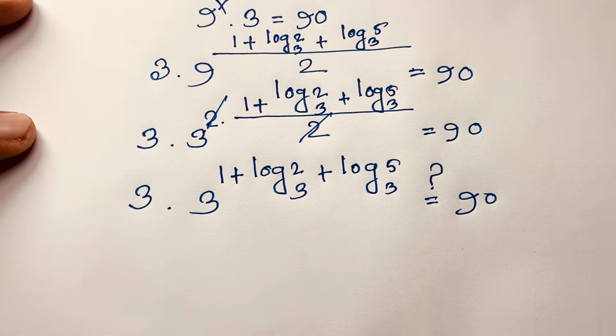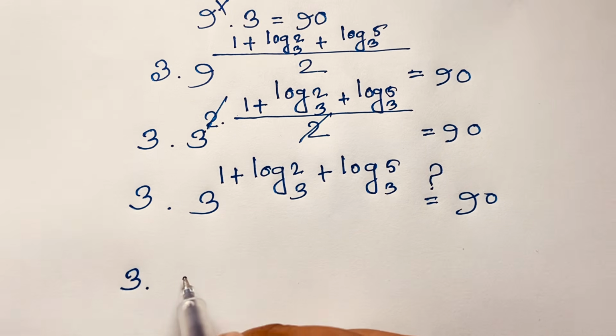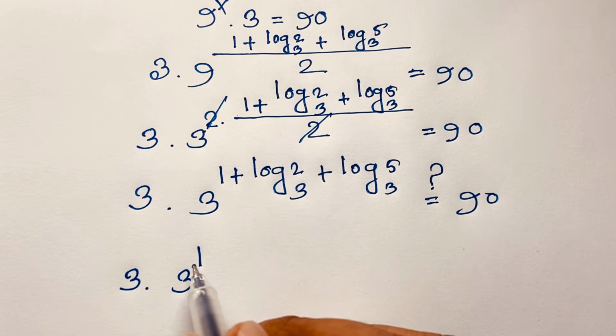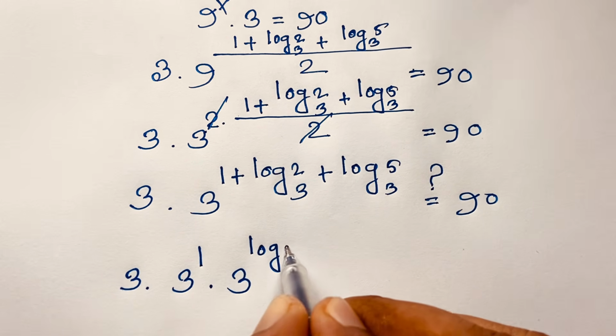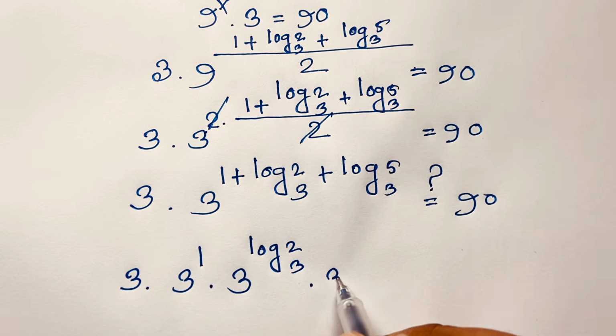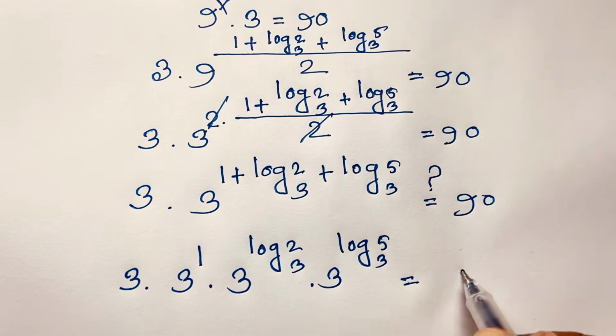Now at this moment if I separate this exponent, it will be 3 times 3 to the power 1, times 3 to the power log 2 base 3, times 3 to the power log 5 base 3 is equal to 90.